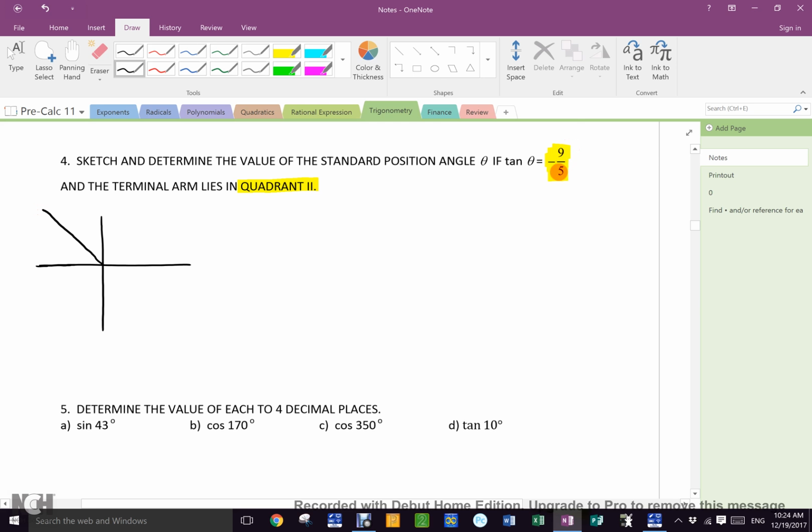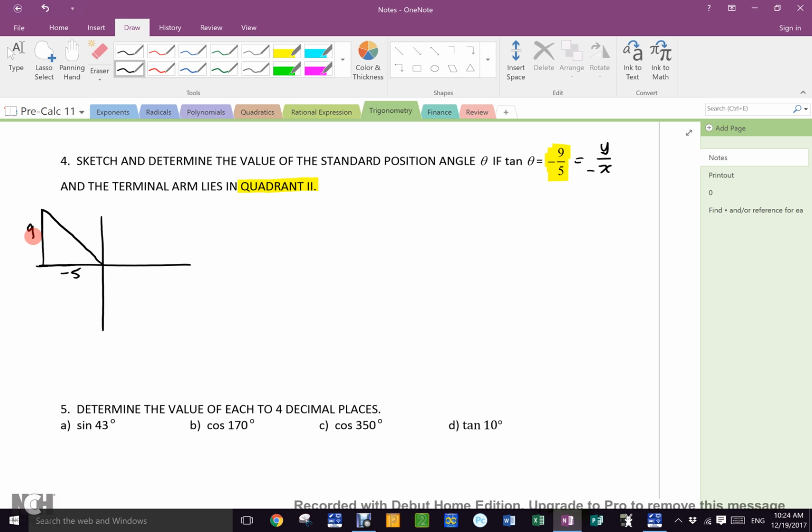What do you know about tan? It's y over x. Now, if I'm going out here, which one of those is negative? The x. So this must be negative 5, and this must be 9. Agreed? Okay.